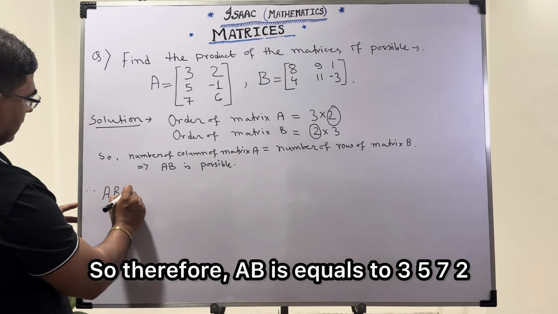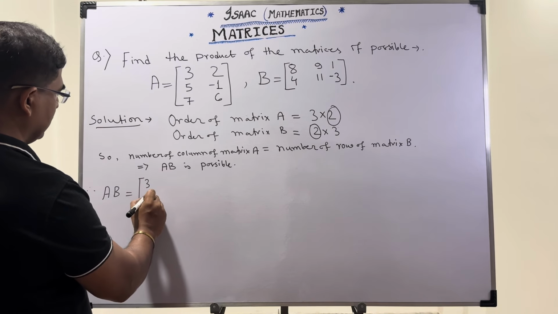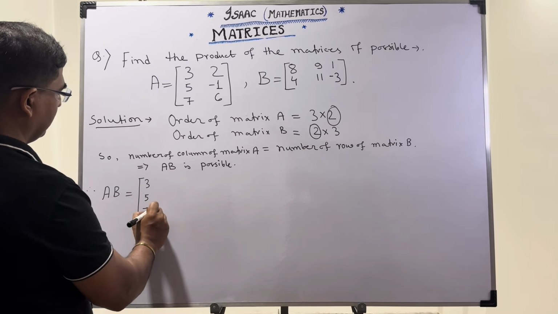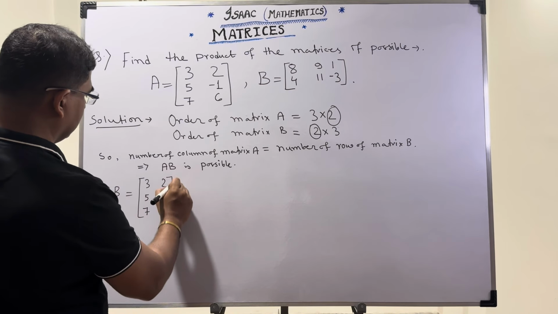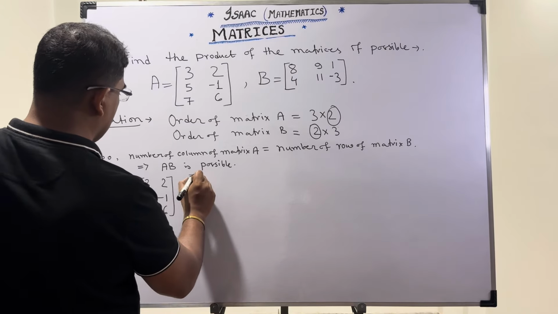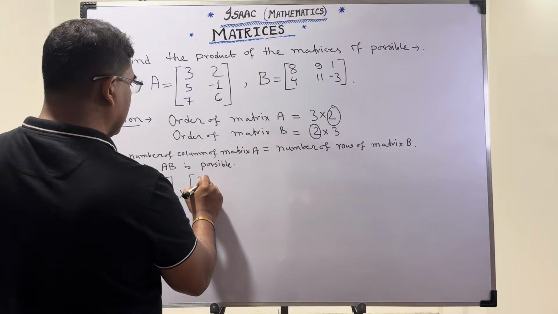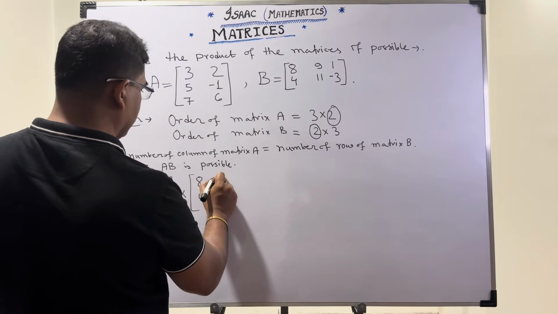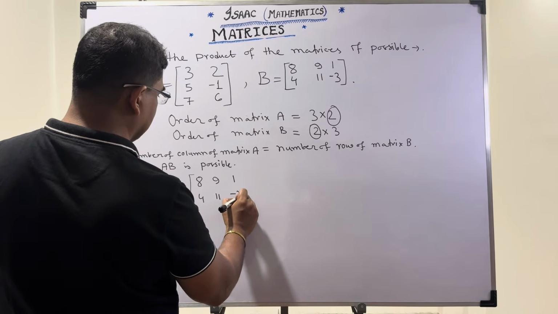So therefore AB is equal to the matrix with rows 3 2, 5 minus 1, 7 6, times matrix B, which is 8 9 1, 4 11 minus 3.